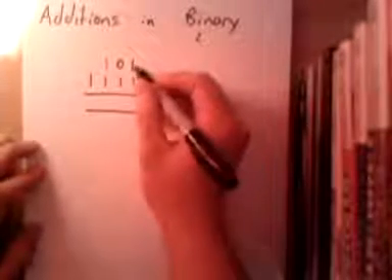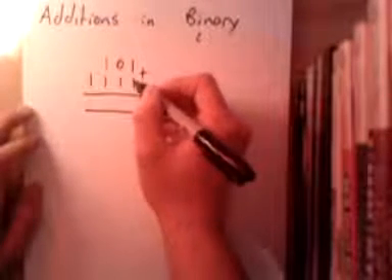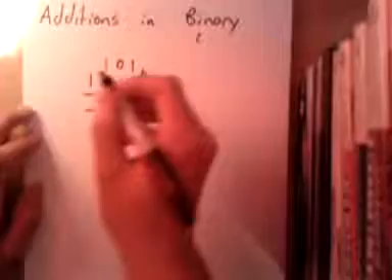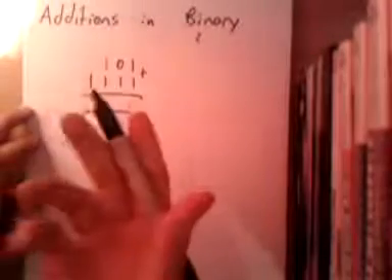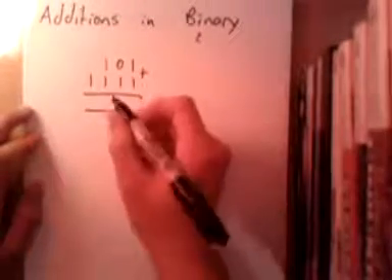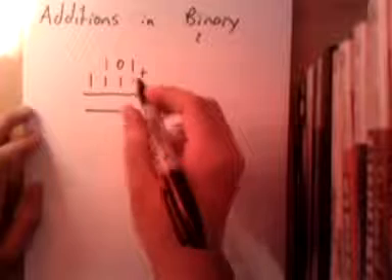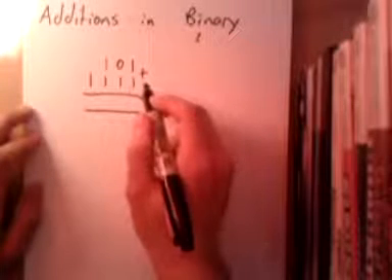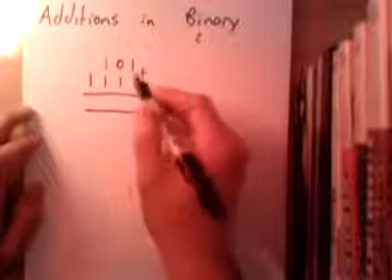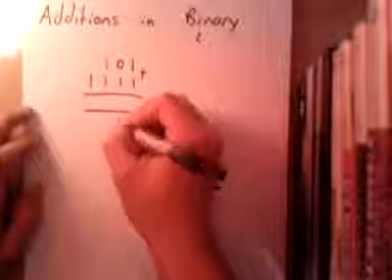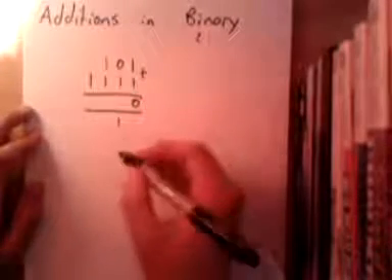Okay. With binary, 1 plus 1, instead of being 2 as in decimal, will go to 10. You can add these exactly the same as you'd add normally, but instead it'd be 10, and you carry the 1 and have the 0.